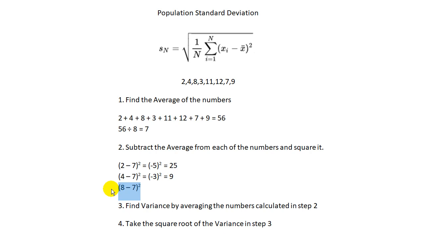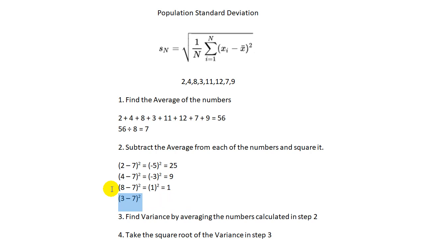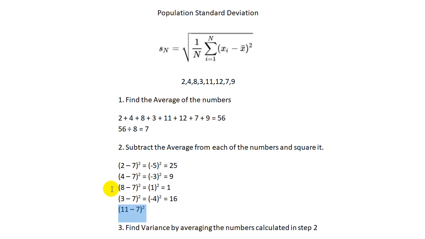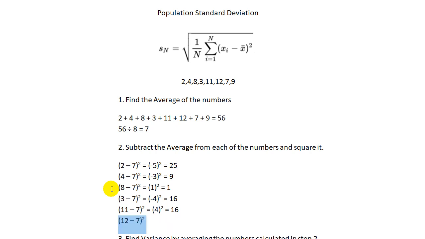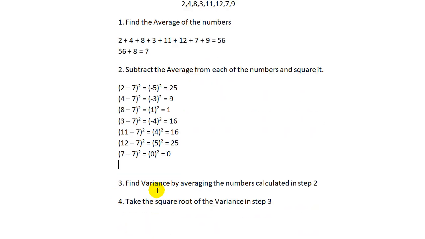So 8 minus 7, that one's just 1 squared, which becomes 1. 3 minus 7, negative 4, again squared, is going to be 16. 11 minus 7 is positive 4, so 4 squared, again is 16. 12 minus 7, we get 5, square that, and 25. 7 minus 7, we're going to get 0 squared is 0, so we'll keep that in there just for purposes of looking at it. 9 minus 7 squared, we get 2, and that becomes 4.